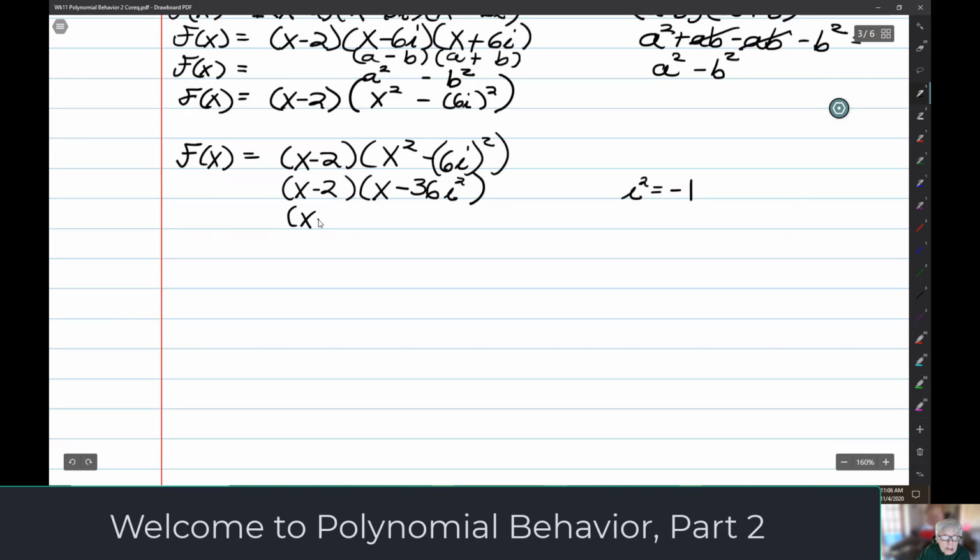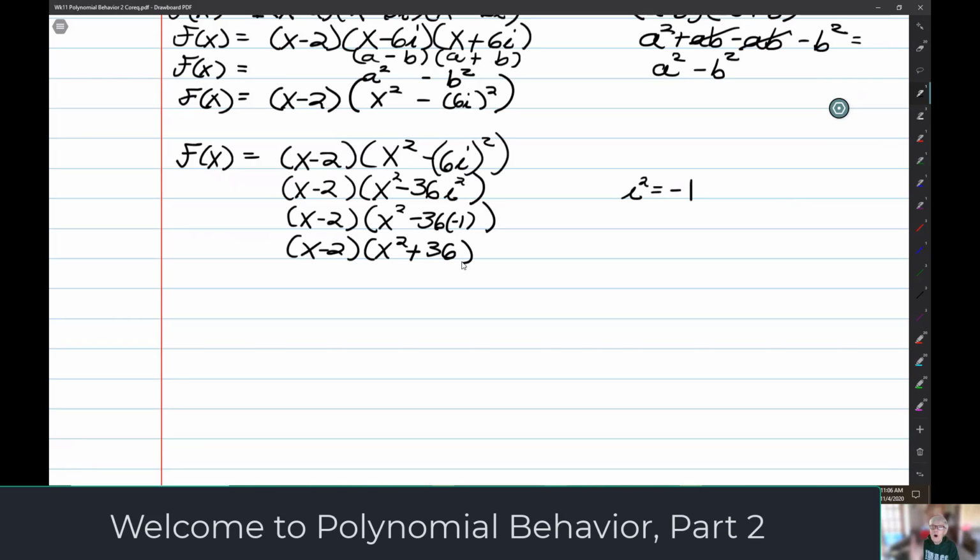So x minus 2 times, oops, that's a square. Okay, x squared minus 36 times -1, which will be x minus 2 times x squared plus 36, since minus 36 times -1 is plus 36. So now we're ready to go. We're almost done with this.